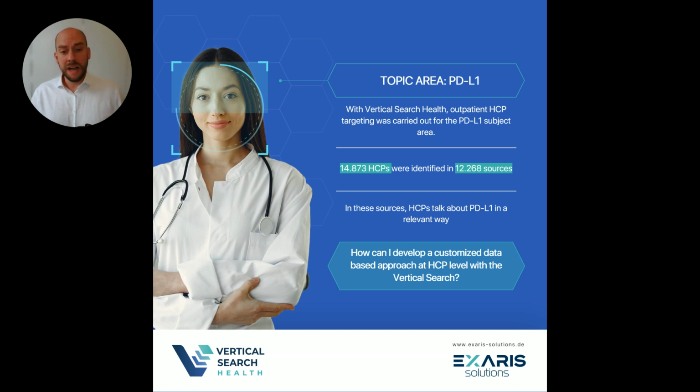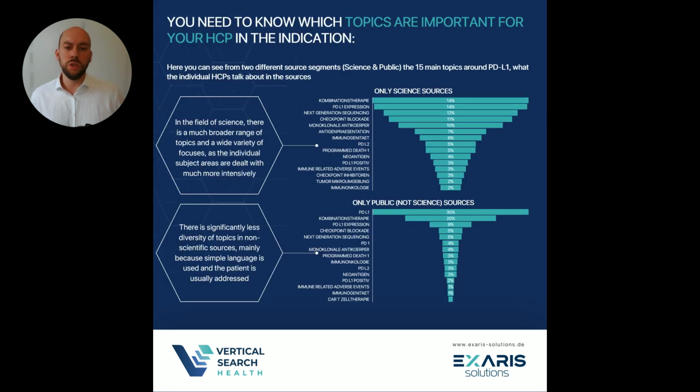Then you have to identify how many HCPs, which sources. Then you have to make a relevance rating based on AI to identify really the top HCPs, and then you should take a look at which topics are important for the HCPs. So what are they talking about?